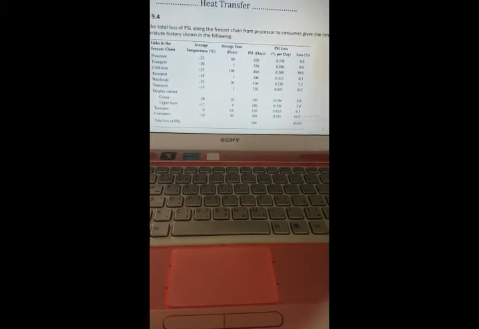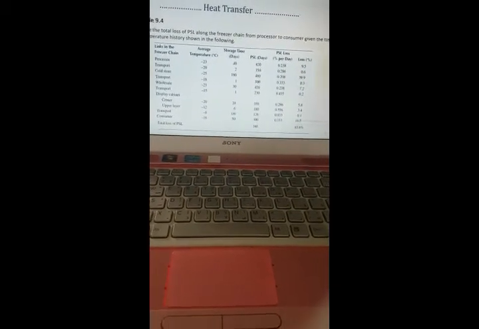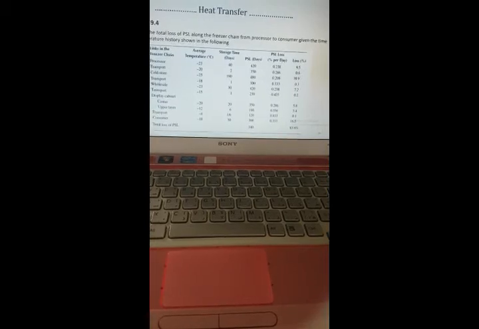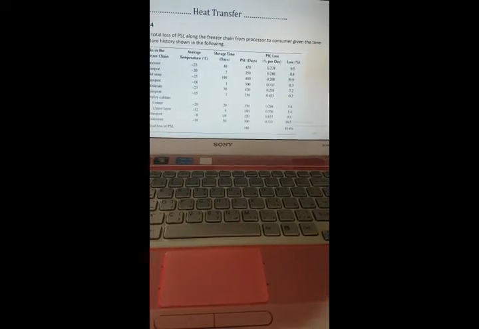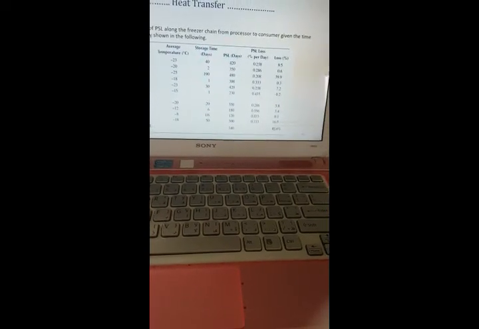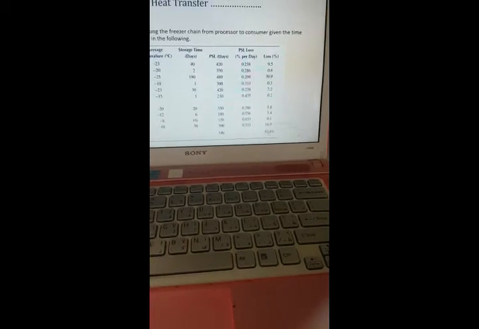What we want to calculate is the total loss of practical storage life for the ground beef at the end of the freezer chain. If we go on, for the total loss of practical storage life at the end of the freezer chain, we have a practical storage life of 340 days. And the total loss percentage, what we actually want to achieve, is 83.6%.